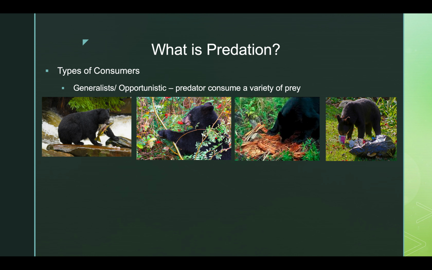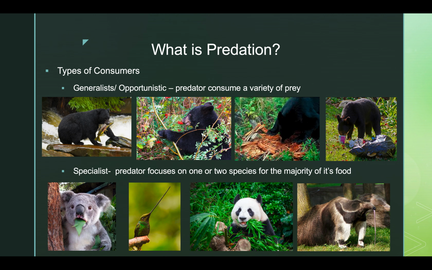You can get your nutrients from a lot of different places. That can also be really helpful in a system where the climate's really variable. If you get big ranges in temperature, maybe one of your preferred prey will die, but you can be perfectly happy eating something else.